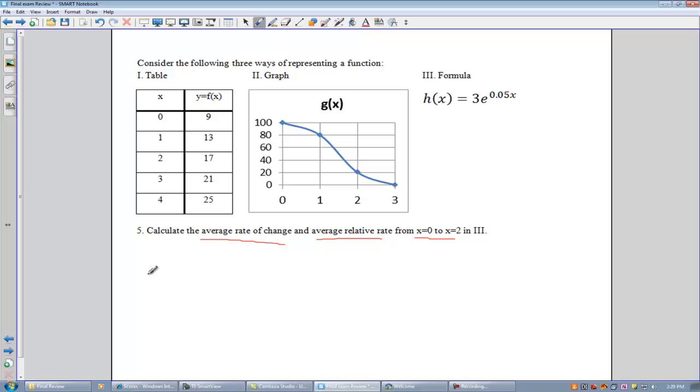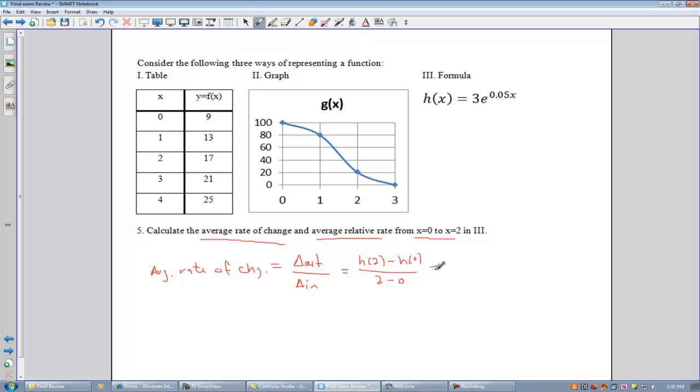So remember, for the average rate of change, this is always equal to, you take the change in the output and you divide by the change in the input. So in this case, we're going to go from 0 to 2, so we'll take the change in the output, which is h of 2 minus h of 0, divided by the change in the input, which is 2 minus 0.